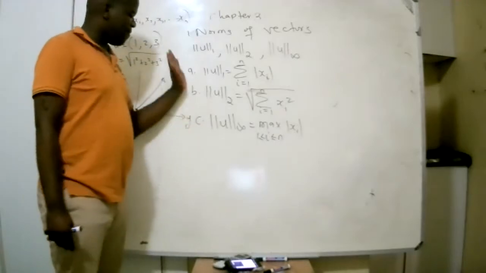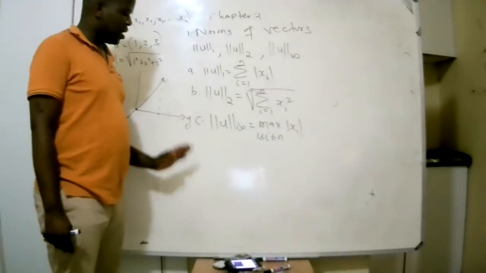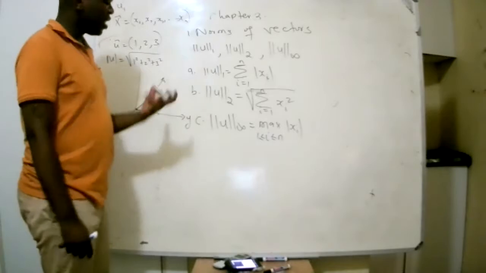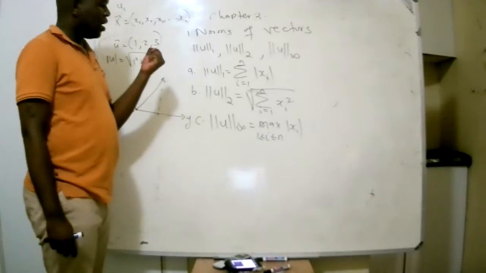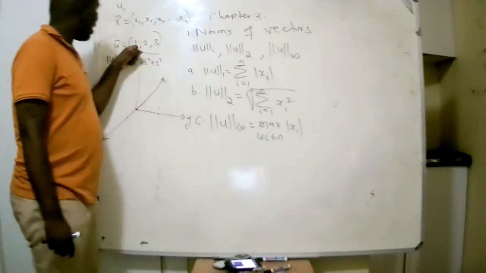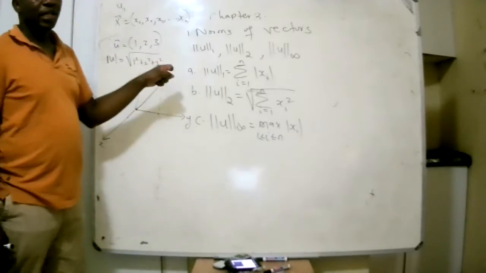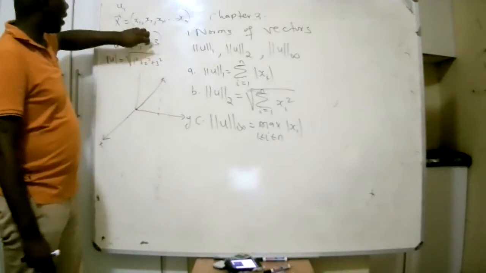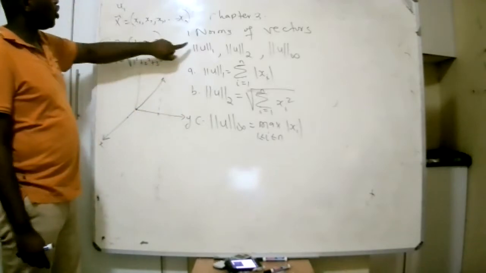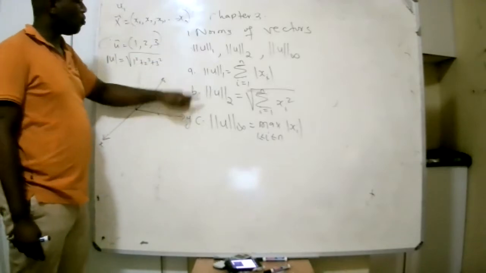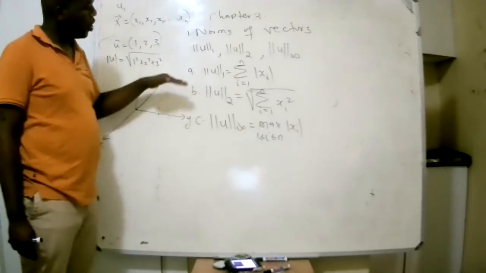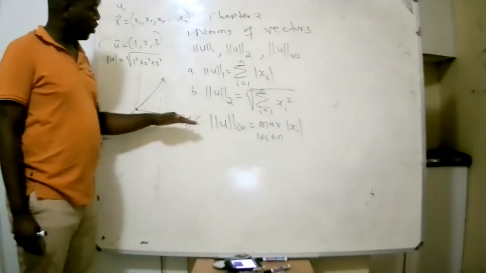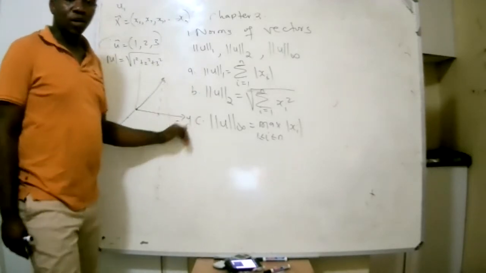These are very, very important quantities because instead of measuring the vector as a whole, you are going to measure by considering components. So you can choose how to measure. You can measure by 1 norm, by 2 norm, you can also measure by 3 norms.